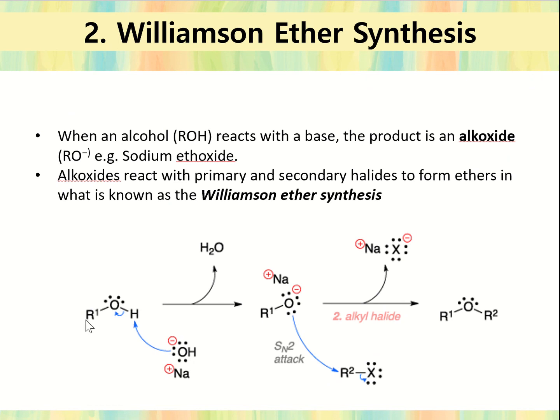So we have our alcohol and our base in the form of sodium hydroxide, or hydroxide will do what bases do, pull a proton to form our alkoxide. Once our alkoxide is formed, it can react with an alkyl halide, so again, another use for alkyl halides, to form our ether. Very simple, very intuitive mechanism to form our ether in the named reaction, Williamson ether synthesis.